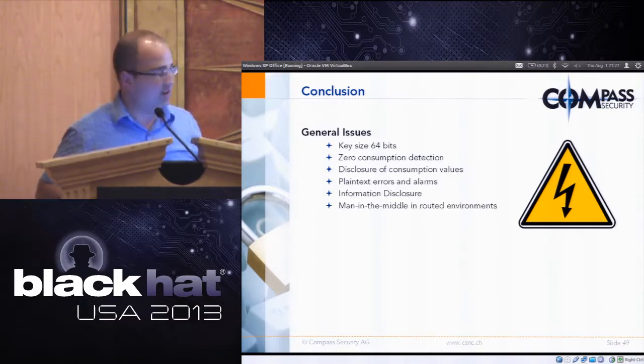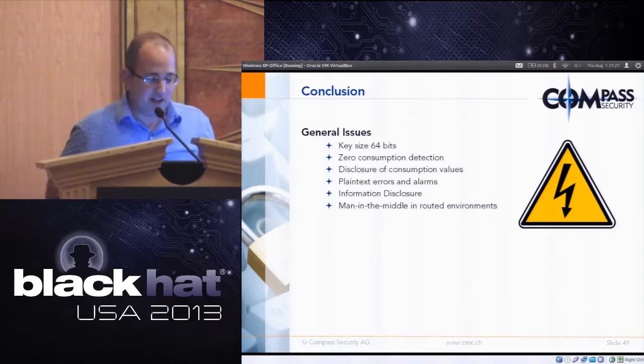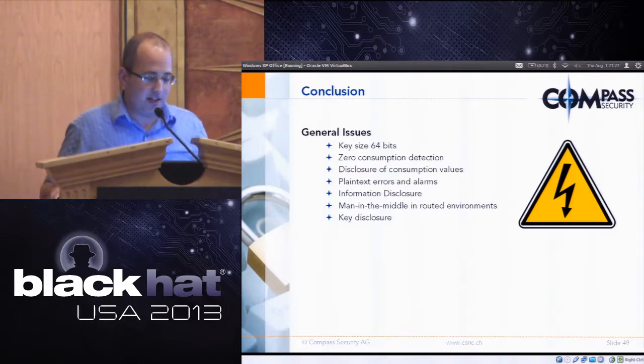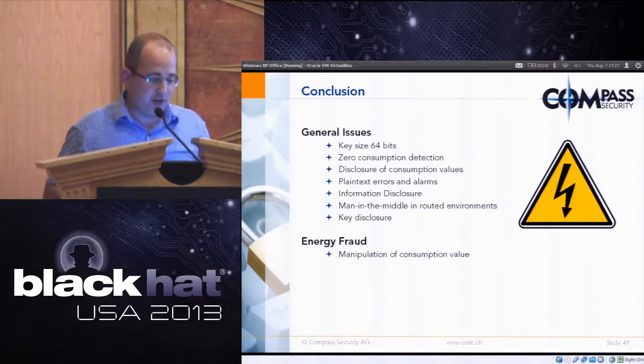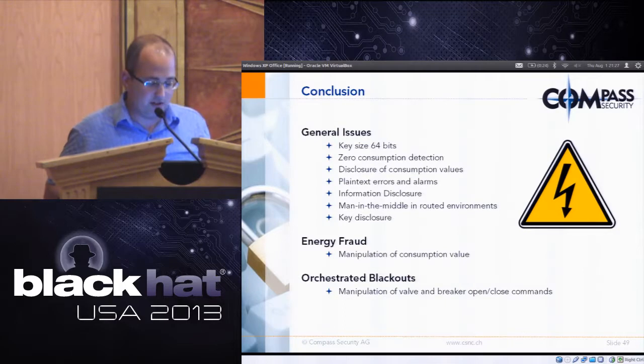We have information disclosure. I have not been telling you about the man-in-the-middle attack in routed environments because there is no authentication. We have also key disclosure there. There is a key distribution mechanism loosely specified within the norm, which allows for full key disclosure. So we could manipulate consumption values and also open and close valves or breakers.